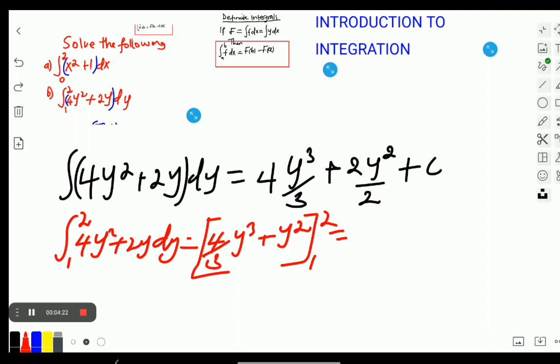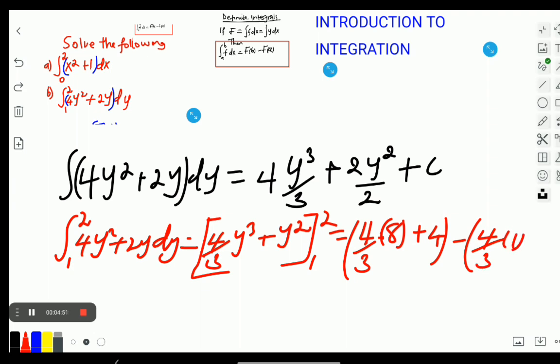Then we again put the formula up. We shall do a function of b minus a function of a, where b is 2. So we shall have 4 out of 3 times 2 power 3, which is 8, then plus 2 power 2, which is 4. Then minus, if you substitute 1, 4 out of 3 times 1 cubed, which will remain 1, then plus 1 squared.